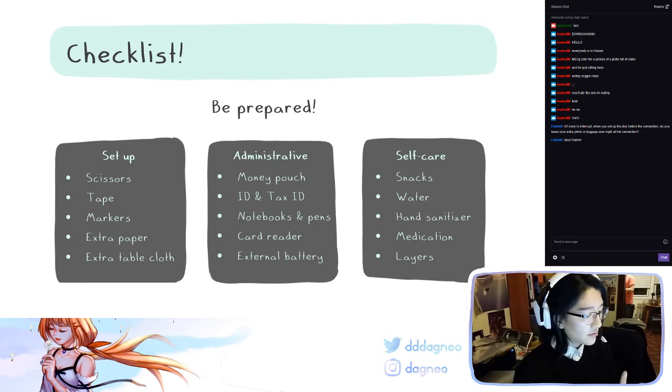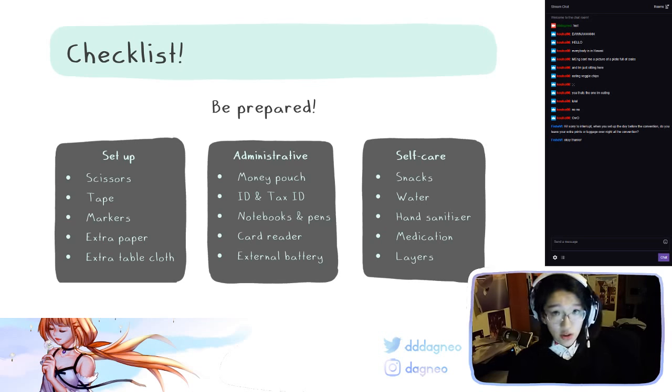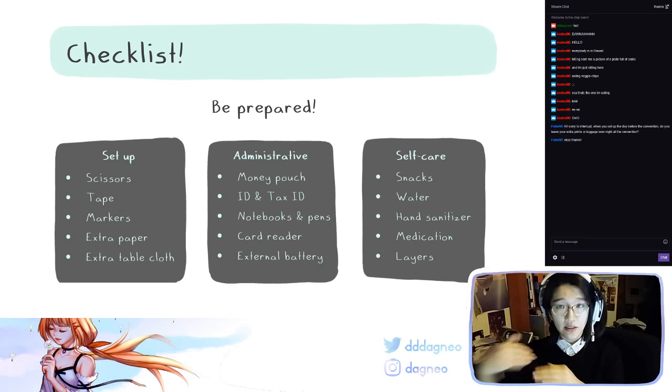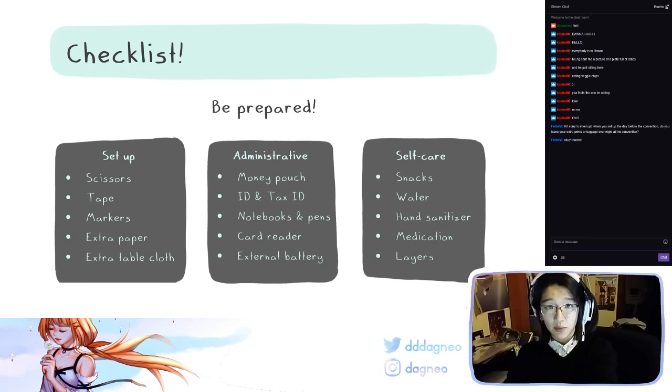So some of the stuff that I have written here, for example, on the setup checklist, I have things like scissors, tape, markers for making signs, extra paper for making signs, an extra tablecloth. I didn't actually mention this, but I said earlier that a lot of people will have their own tablecloth to cover their table.